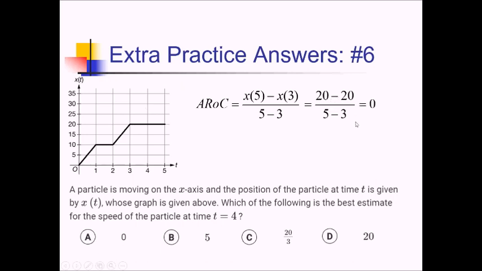So that is our estimate of the speed of the particle at time 4. And if you look at this, we're at 20, whatever units this is, at time 3. At time 5, it looks like we haven't gone anywhere. So yeah, you're probably going 0 miles per hour, whatever it is, on that interval. So let's go with choice A.